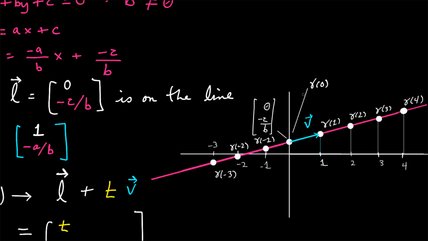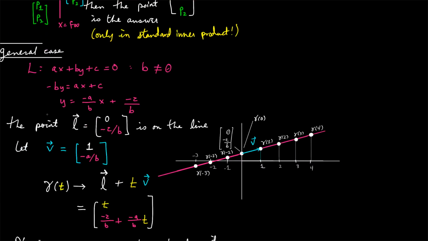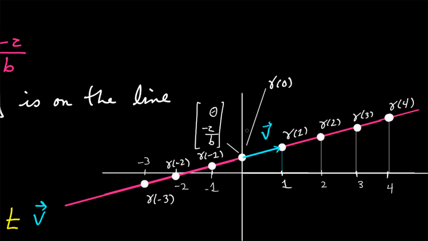So here's the picture. L is our point here, which is 0 and minus c over b, because every line that is not a vertical line intersects the y-axis. So that's going to be gamma of 0, and then gamma of 1 is just going over 1, gamma of 2 is going over 2, gamma of 3, gamma of 4, gamma of minus 1, gamma of minus 2, gamma of minus 3.